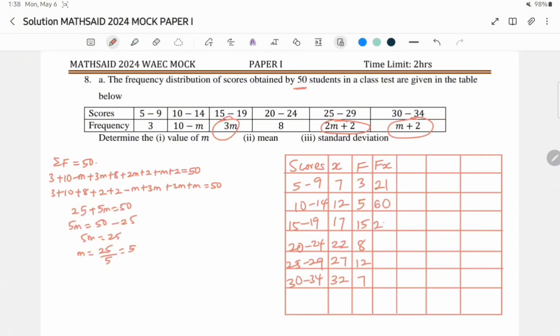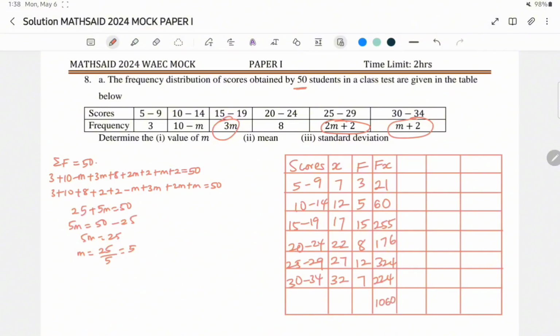60, 255, 176, 324, and 224. Now that we know the value of fx each, we can add them together. When I add everything on the calculator, you will get 1060.